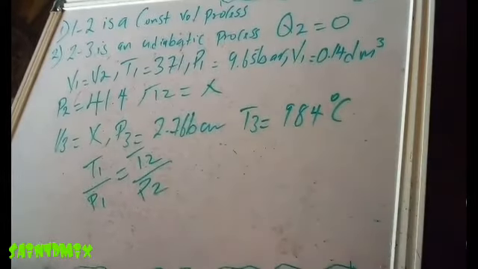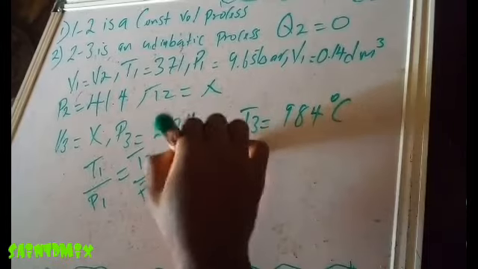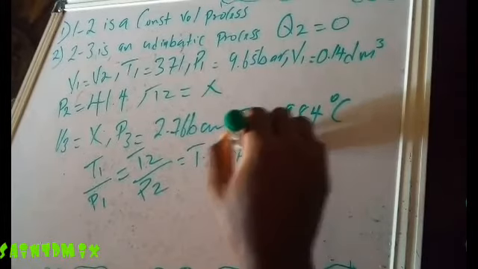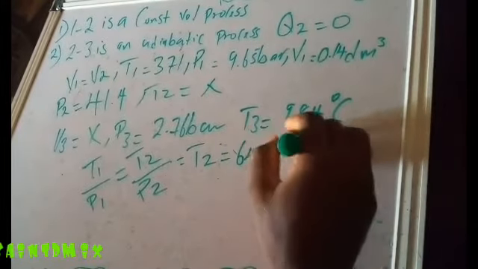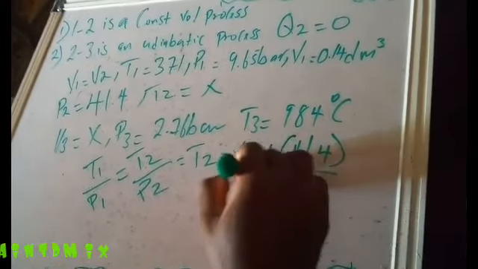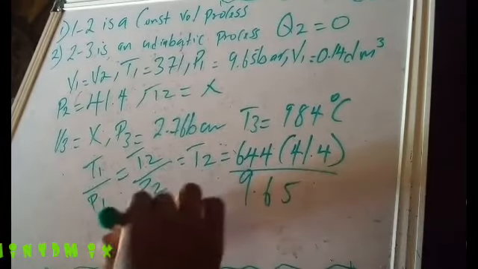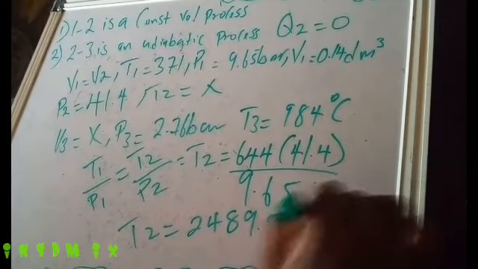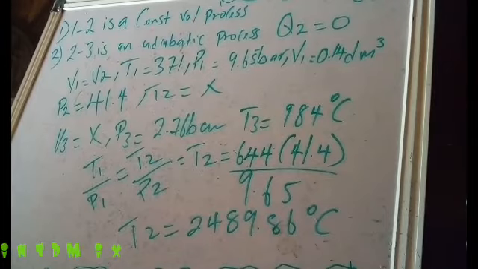So our T2 becomes our T1 times P2 over P1. Converting to Kelvin, that is 644 Kelvin multiplied by P2, which is 41.4 bar, over our P1, which is 9.65 bar. So our T2 becomes 2486.86 degrees Celsius. Now we've gotten our temperature, our T2, that is our first aim for this exercise.